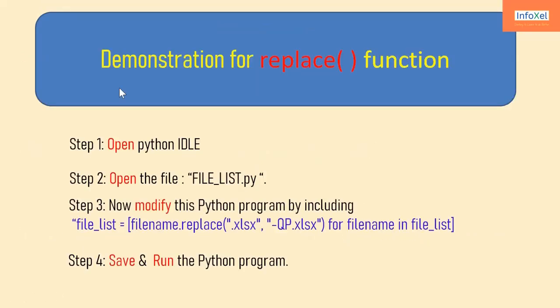Next we will see the demonstration for the replace function. Step 1, open Python IDLE. Step 2, open the file_list.py. Now modify this program by including this particular statement. Then step 4, save and run the program. We'll do that now.